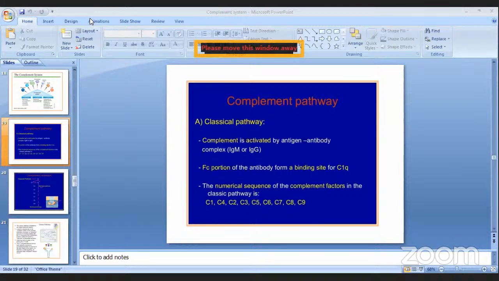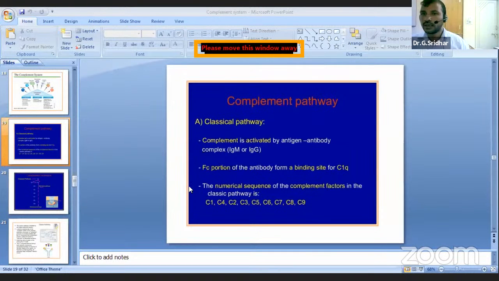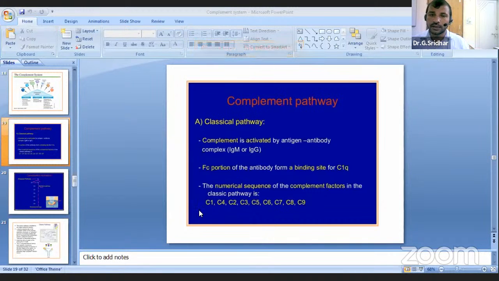Then you can see here the numerical sequence of the complement factors: C1, C4, C2, C3, C5, C6, C7, C8, C9. That means the activation of complement proteins goes like this, because generally we would write C1, C2, C3, C4, C5, C6, C7, C8, C9.